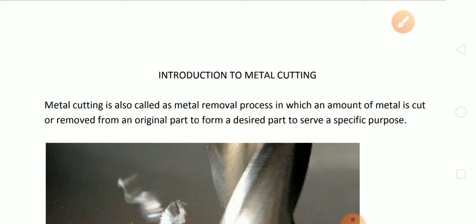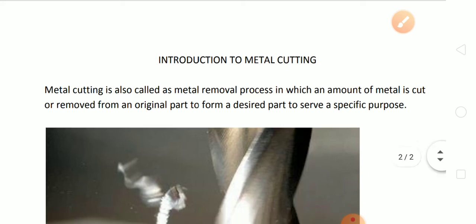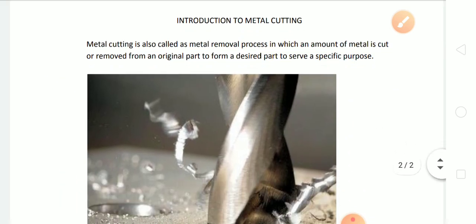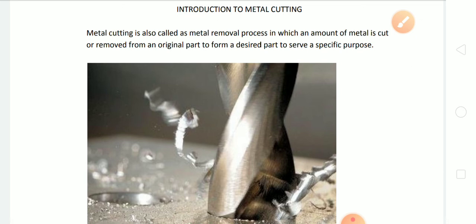So we are adding metal to form a required part. Here what you want to do is remove or subtract some metal from a part to produce the desired part.